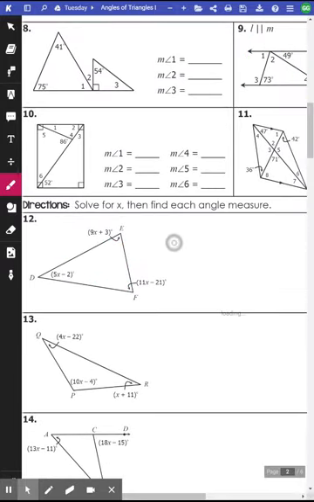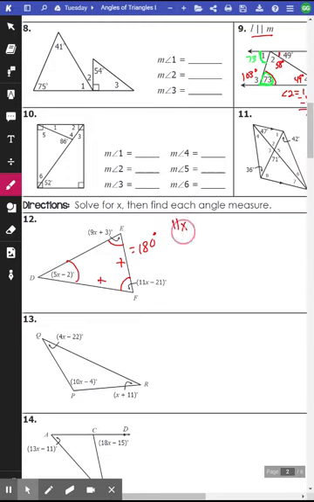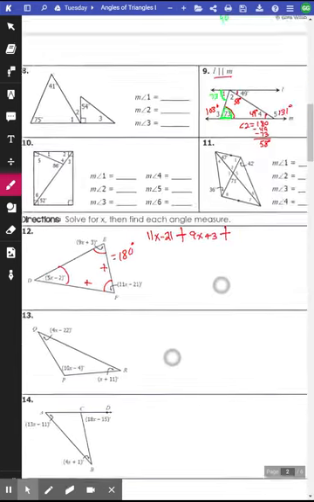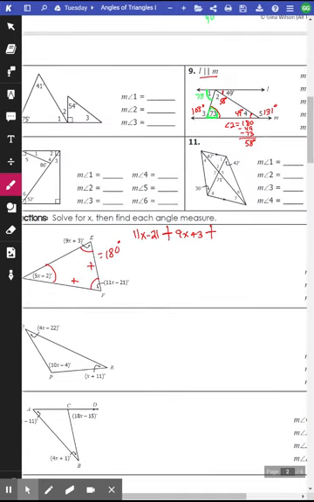Number 12, I'm going to write it long: 11x minus 21, big plus, 9x plus 3, big plus, the third angle, 5x minus 2. All three of those equal 180.